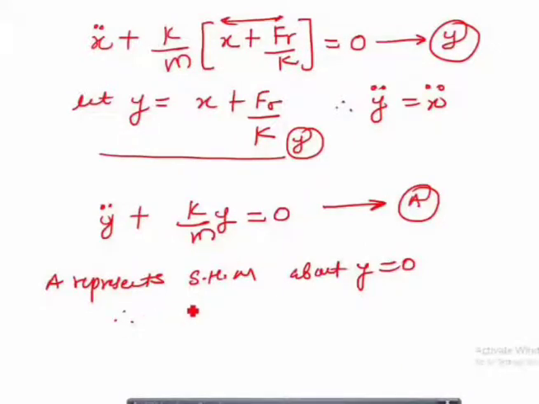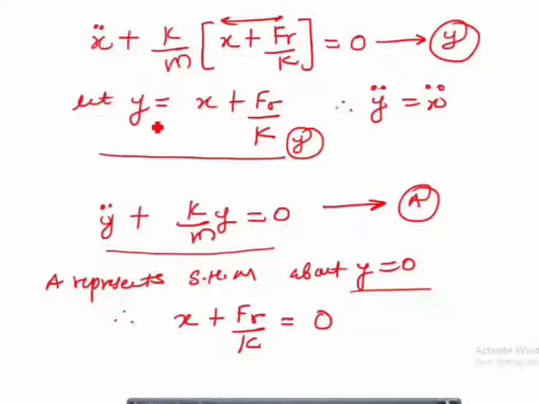You will get x plus fr by k is equal to 0, because this equation represents a simple harmonic motion when y is equal to 0. So if I put y is equal to 0, I am getting x plus fr by k is equal to 0. So from this equation I am getting the x displacement as fr divided by k.